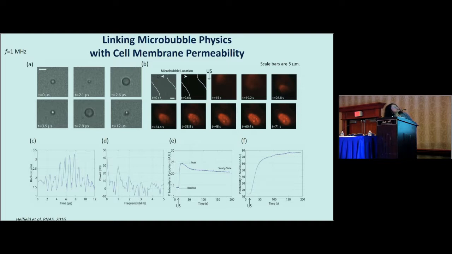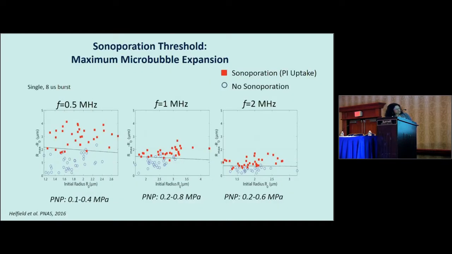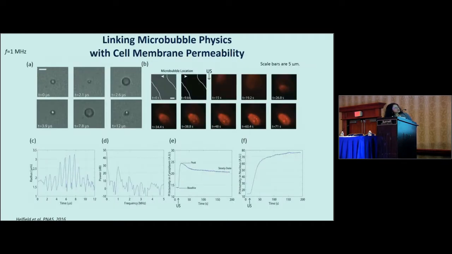So we have the microbubbles oscillating cyclically in response to the ultrasound, so we can get radius versus time curves. Then we can do an FFT and look at the power spectrum, so you can see the fundamental frequency and the second and third harmonics, so we can look at the frequency content of our oscillations.